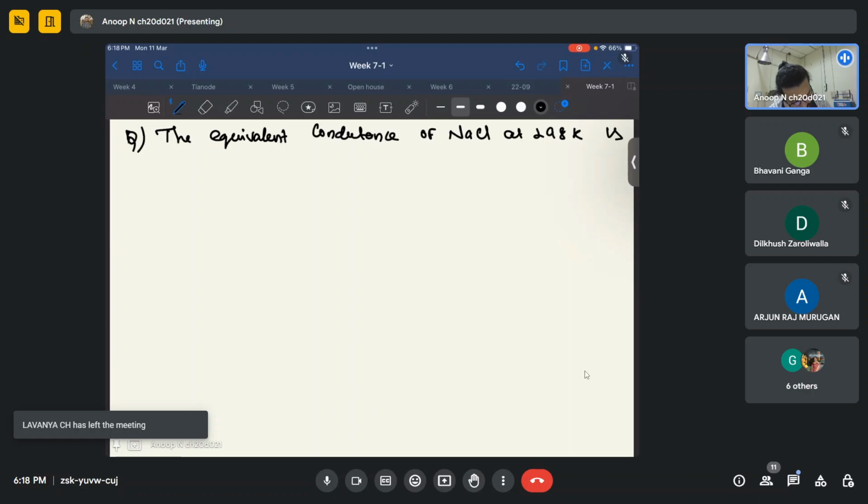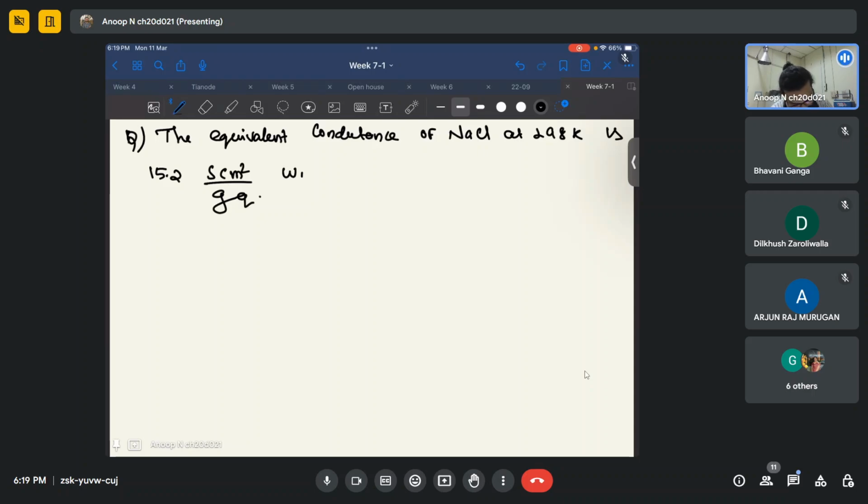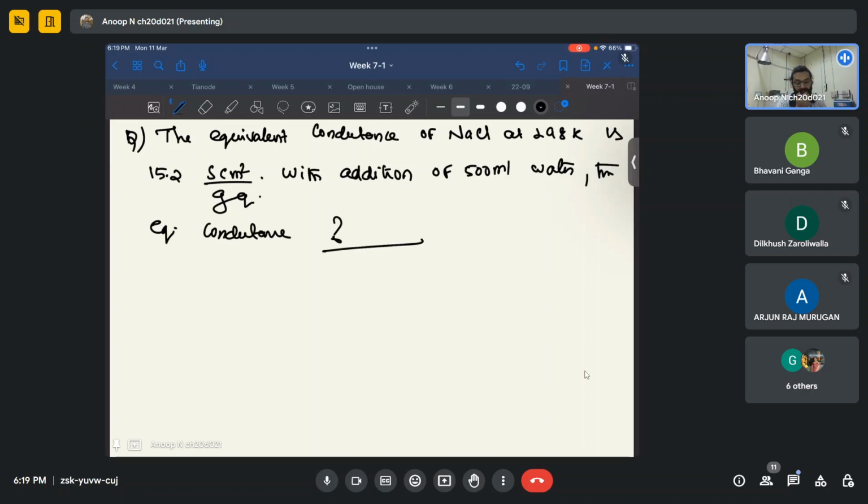The equivalent conductance at 298 Kelvin is 15.2 Siemens centimeter square per gram equivalent. With addition of 500 ml water, what happens to the equivalent conductance?